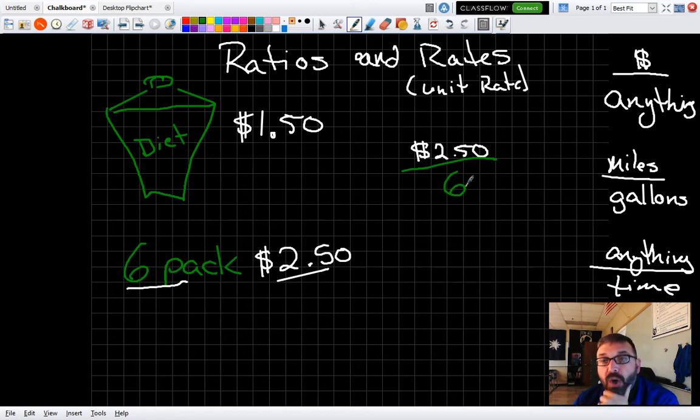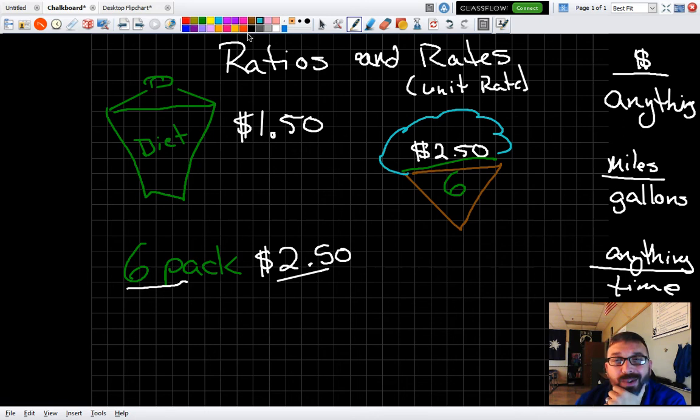I need to find a per unit, right? We've kind of been doing this already. But all I got to do is set up my ice cream cone and my ice cream and do the long division. So if I do long division, I get 6 on the outside. Six goes into $2.50.